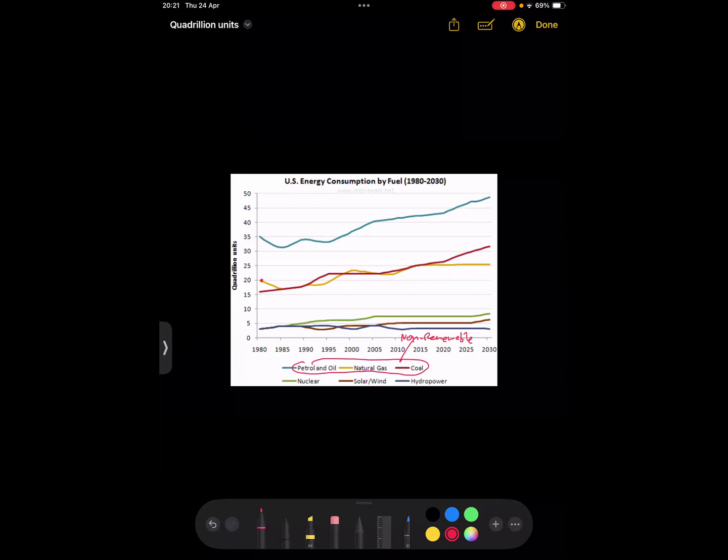The same is true for natural gas. It can also be depleted. Coal also. We have to dig down into the earth to mine coal, and coal comes from the accumulation of dead plants and dead animals over thousands, even millions of years.